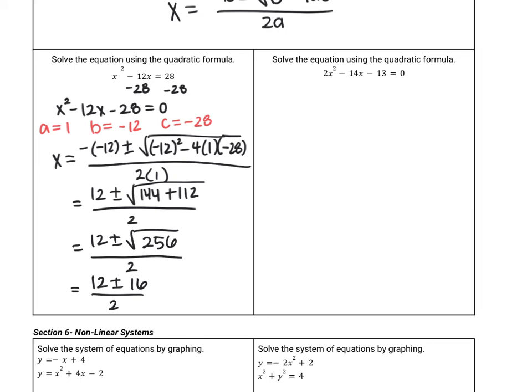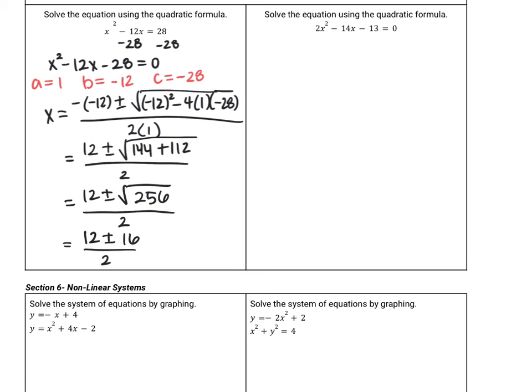If we get a perfect square, what we want to do is actually find our two solutions. So our first solution is 12 plus 16 all over 2. 12 plus 16 is 28. 28 divided by 2 is going to give us 14. Next, we're doing 12 minus 16 all over 2, which is negative 4. And negative 4 divided by 2 is negative 2.